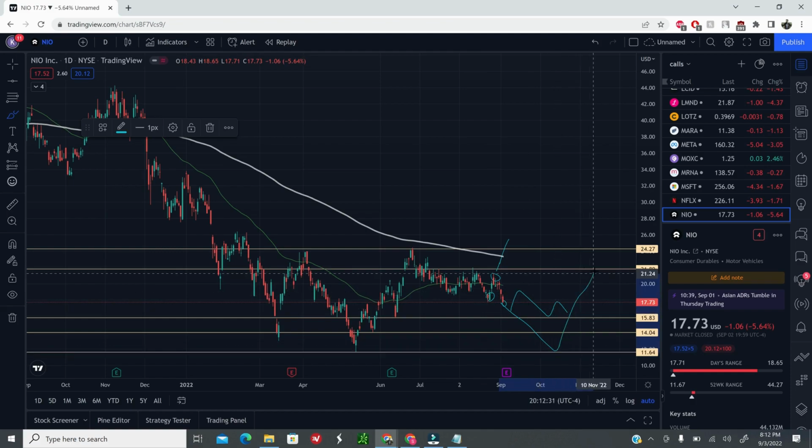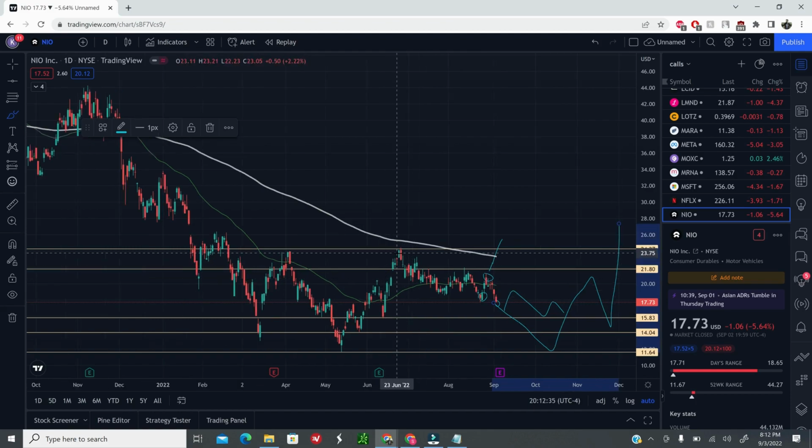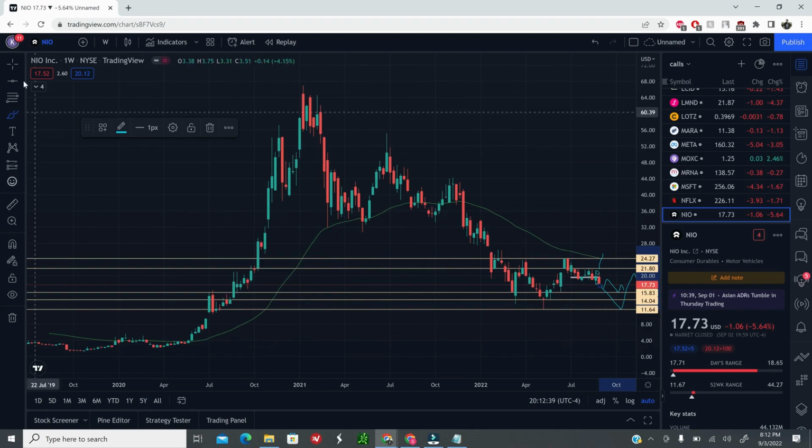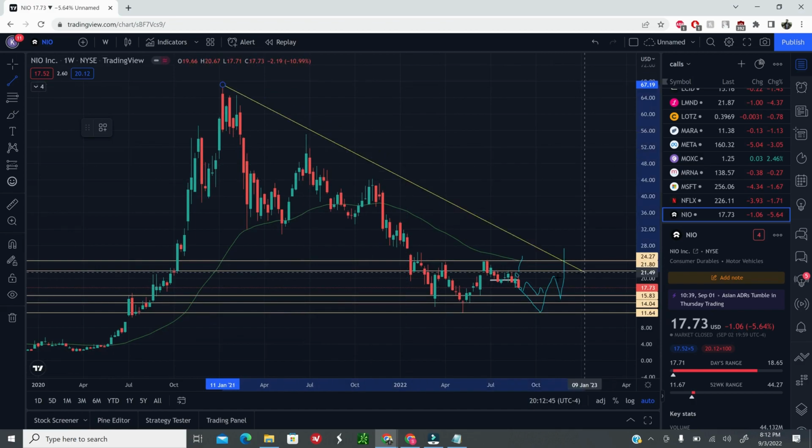Only then can we expect the stock to consolidate a little bit and push higher above this $25 zone. If I just draw a long-term trend line here, you'll see the point I'm trying to make. We are still in a long-term downtrend.